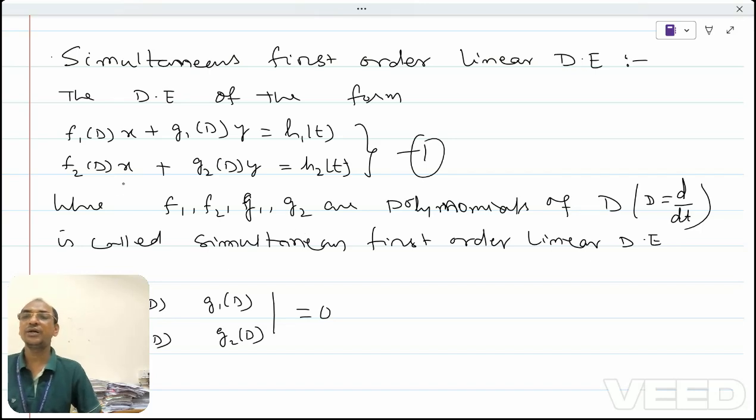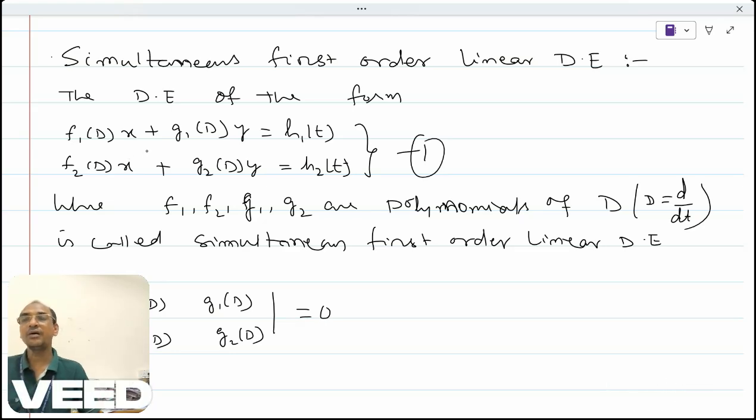Here you see that we are having two unknowns x and y and two equations h1 and h2. So what we will do here is eliminate any one of the variables x and y first, and try to get the solution for the other variable.